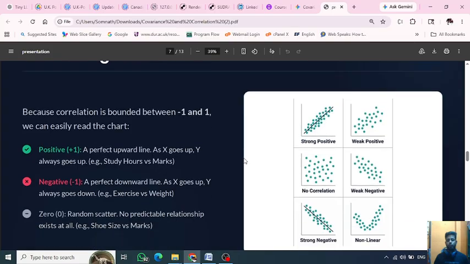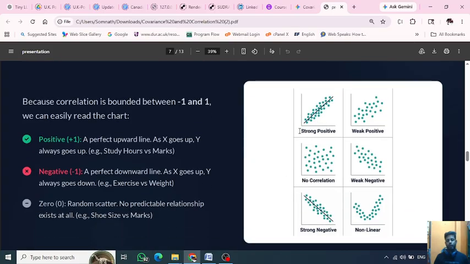How does it look? Actually, it looks the same as covariance. You can see the strong positive. This is a weak positive, it's more scattered, loose, loosely coupled. And strong is tightly coupled. Here you can see it's haphazard, no direction you can identify, so no correlation.